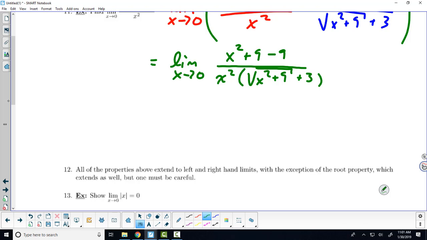Let's not get lost. We wished we could use the direct substitution property, right? But we couldn't because of that x squared term in the denominator, right? We're getting closer to being able to cancel that out. This cleans up to be the limit as x approaches 0 of just x squared over x squared times the square root of x squared plus 9 plus 3.